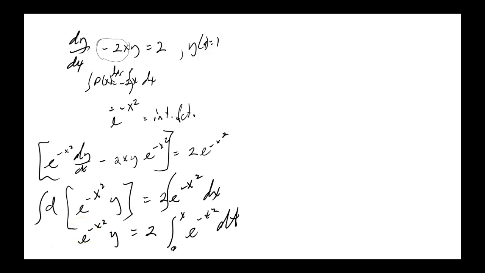Multiply both sides by e to the x squared, and you get y is equal to 2e to the x squared, okay, e to the x squared times your ERF.